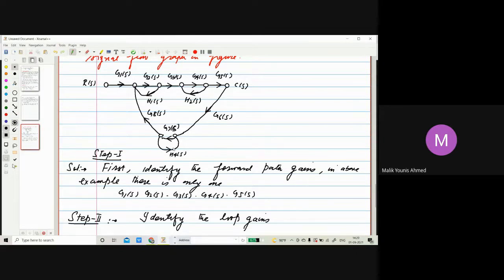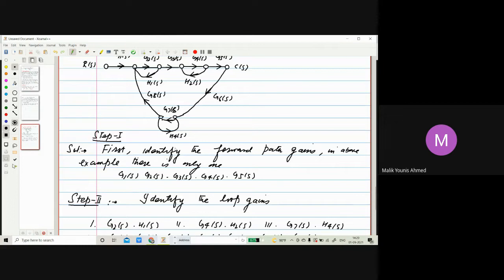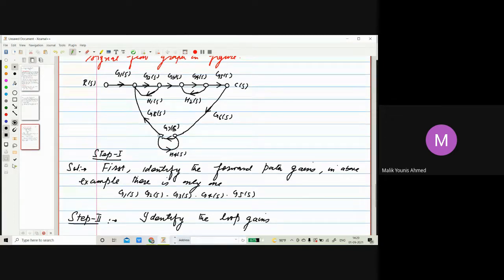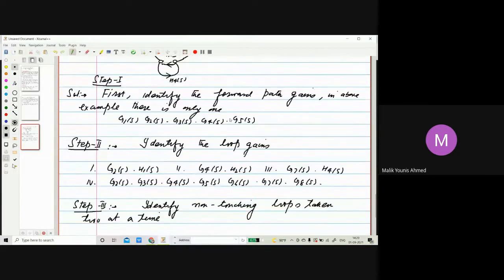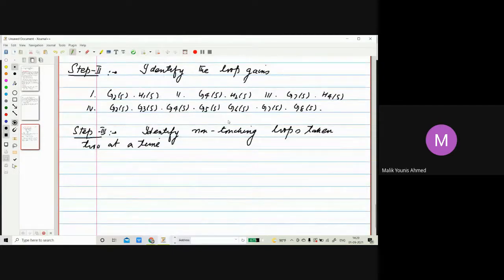Okay. That's clear. So 3 pairs are possible, because for others there is no possibility, because this is common to all other nodes. So we can say loop 1 does not touch with loop 2. Loop 1 does not touch with loop 3. Loop 2 does not touch with loop 3.